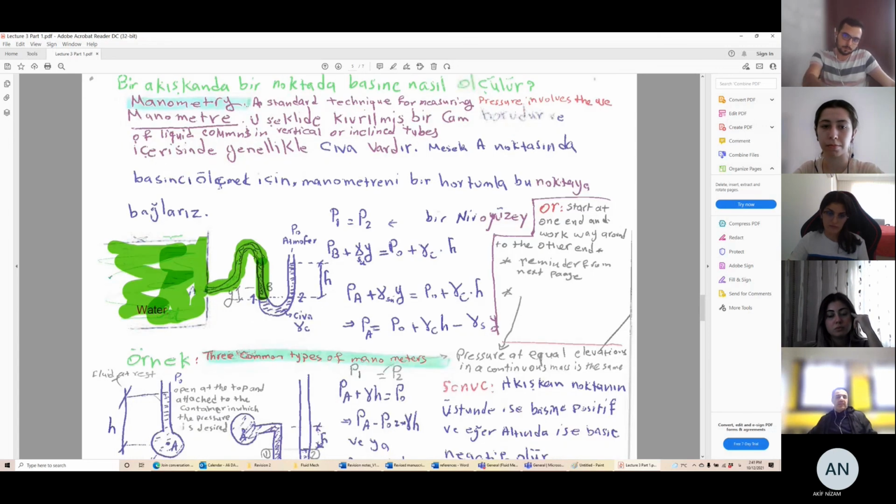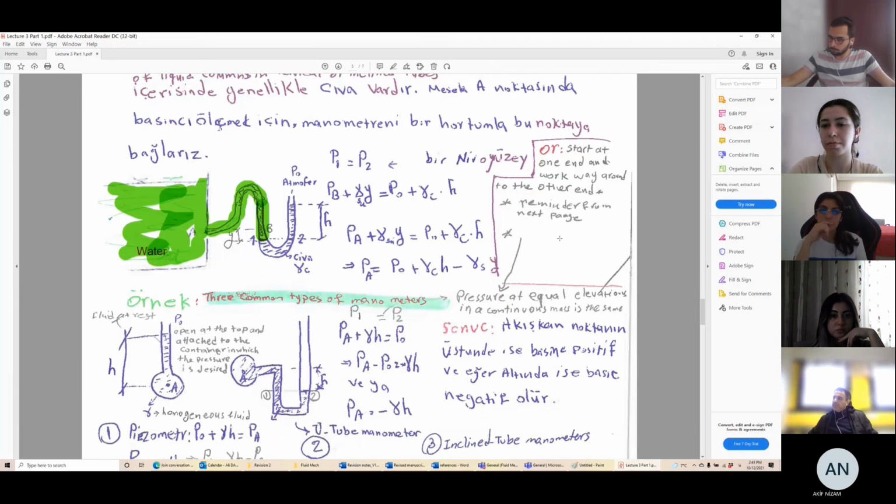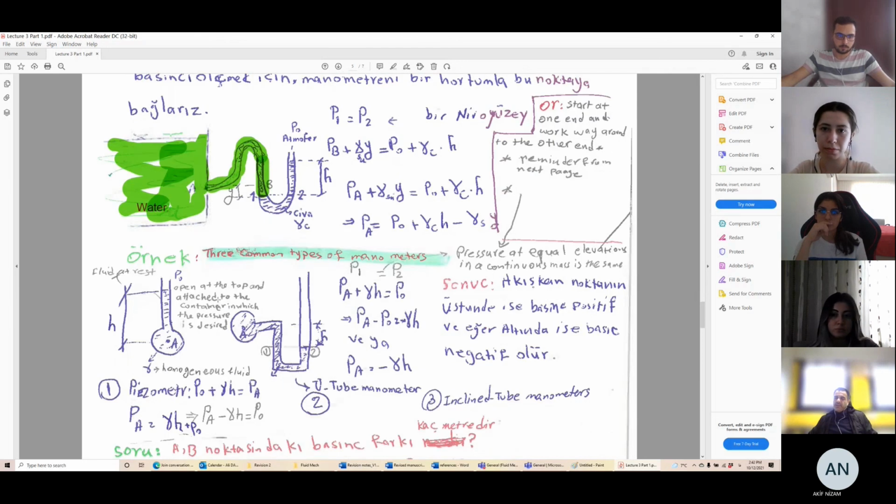So this is the way that we measure pressure at any point using manometers. Okay, now I will come back to talk about this later, but let's see some other examples.